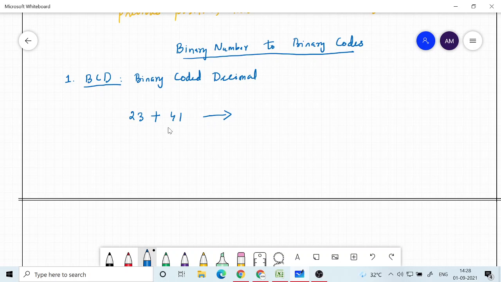If you create the binary of 23, we know that it is 16 plus 7, so that is 10111. Why do I say 16 plus 7? I know that 7 means 111, and 10000 means 16. So 16 plus 7 is 23. So this is one possibility.